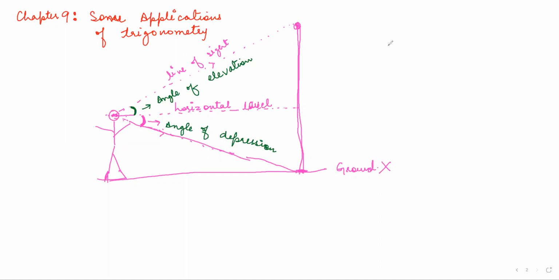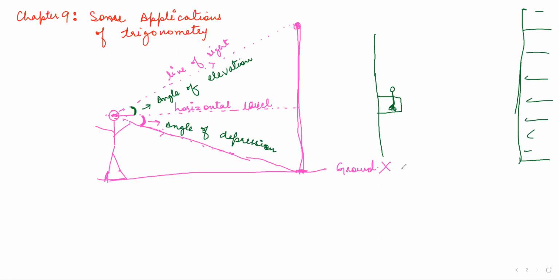So it can be a situation like this. For example, this is a building, that's your balcony, and someone is standing at the balcony. And then there's a taller building in front of you, another building. So you are looking from your balcony.